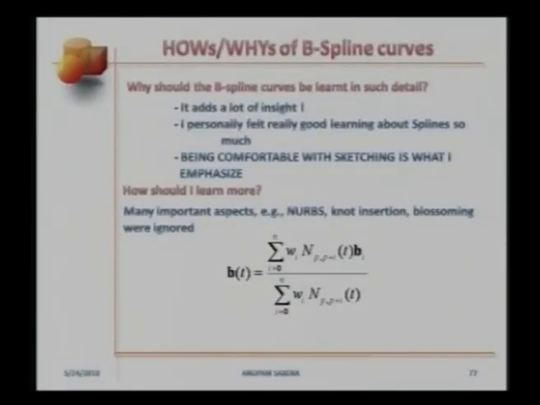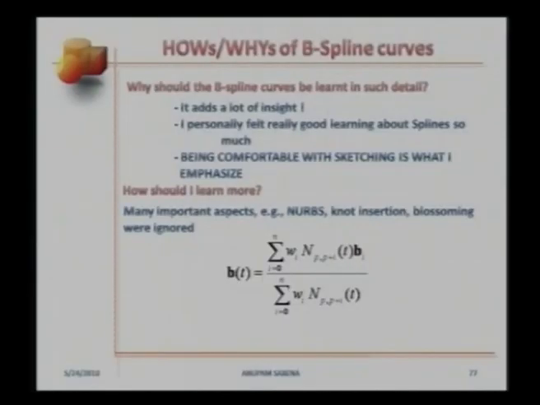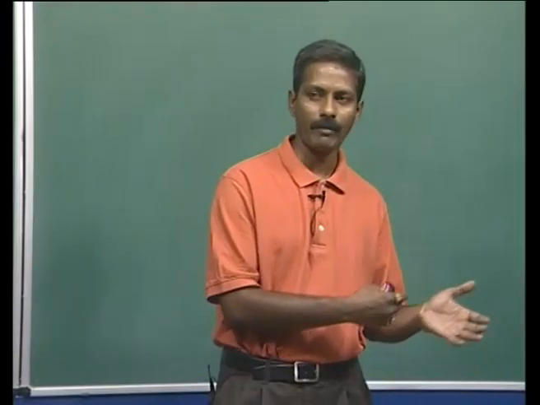For example, we can simply extend the rational Bezier curve model and apply that to define mathematically NURBS, or non-uniform rational B-splines. Now, if you try to relate those two expressions, the expressions are almost identical with a slight difference. There you are using Bernstein polynomials.